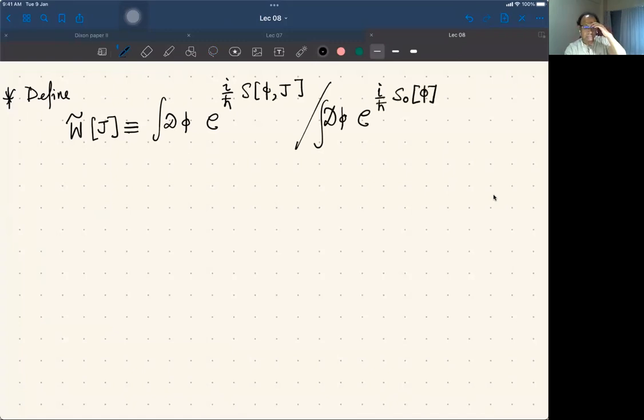Actually, W[J] will have S[phi] downstairs, but we are taking the free Klein-Gordon here to facilitate our calculations. But ultimately, we will calculate W[J], as I said.